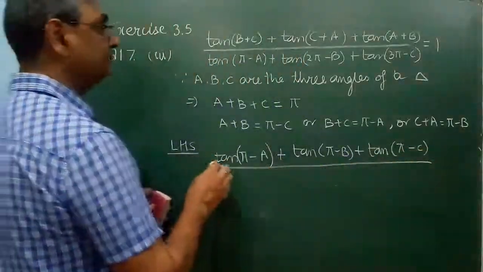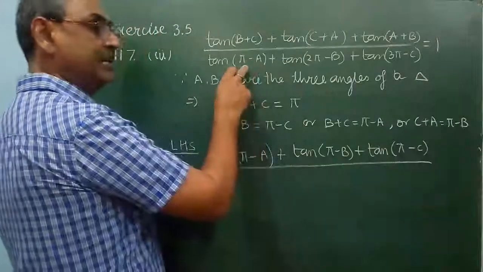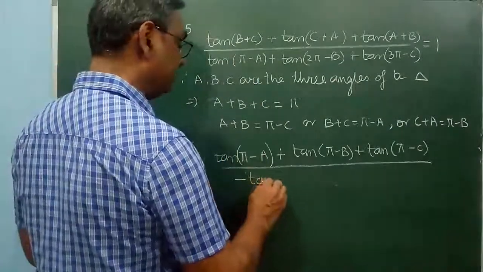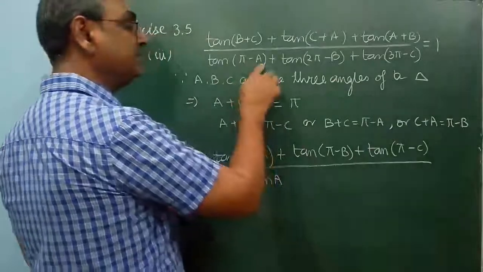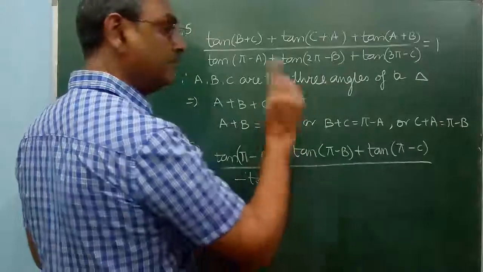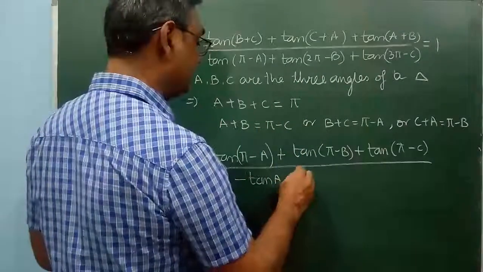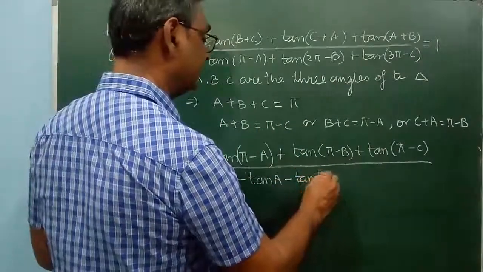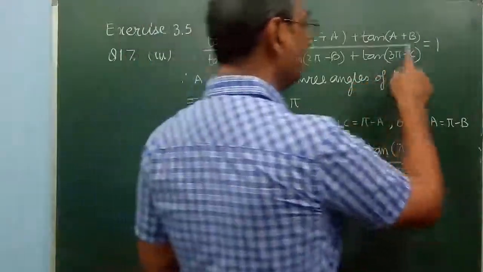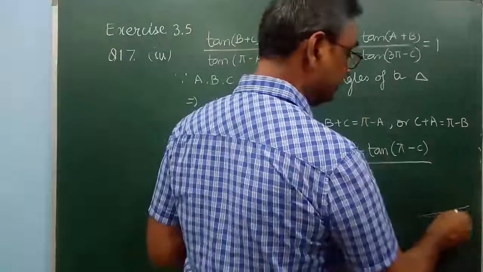whole upon tan pi minus A, second quadrant. So, it will be minus tan A, no change in sign because it is 180 here. This is 360 minus B, fourth quadrant. So, minus tan B. Now, this is how much? 3 pi. 3 pi firstly see here.